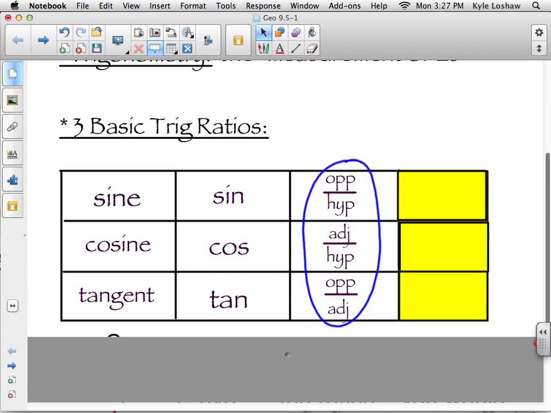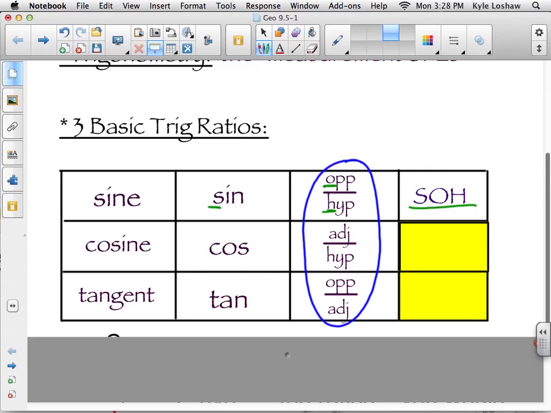There's a saying in math, ready for this? SOH stands for sine, opposite, hypotenuse. Just remember what you're working with. CAH stands for cosine, adjacent, hypotenuse.